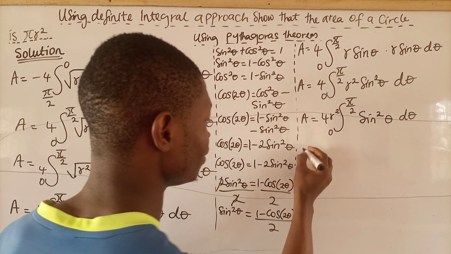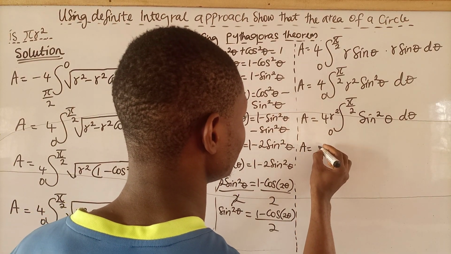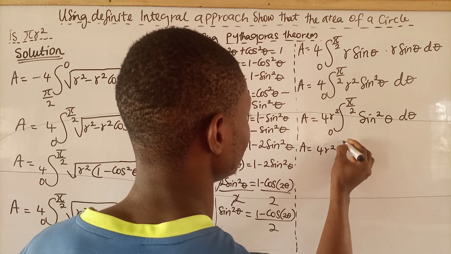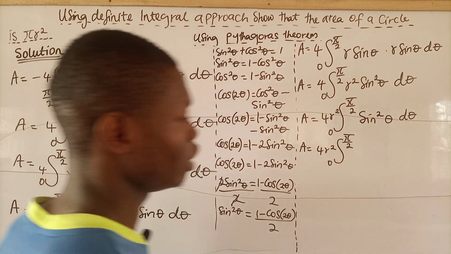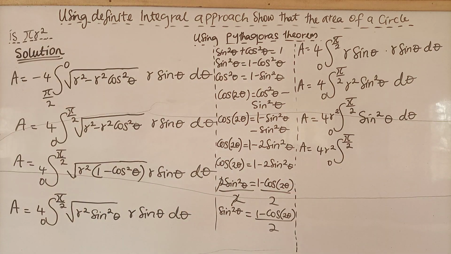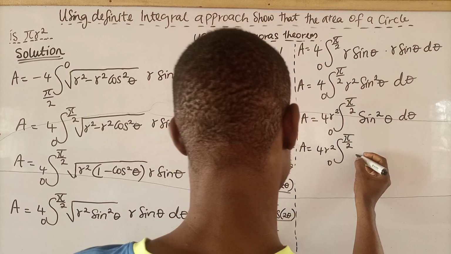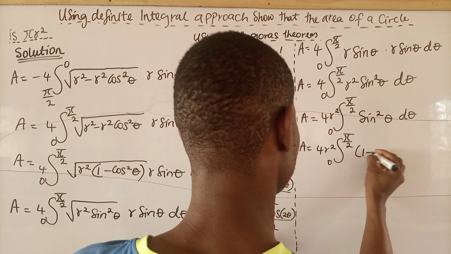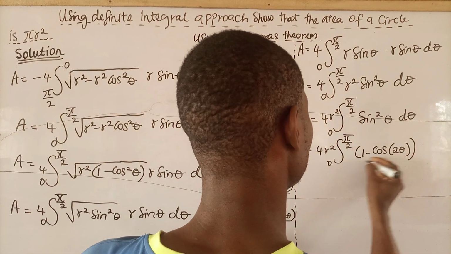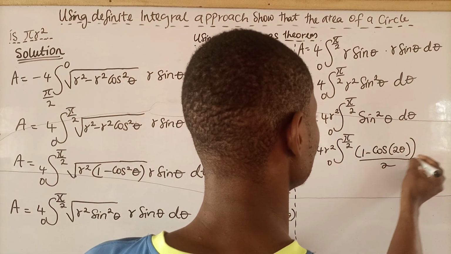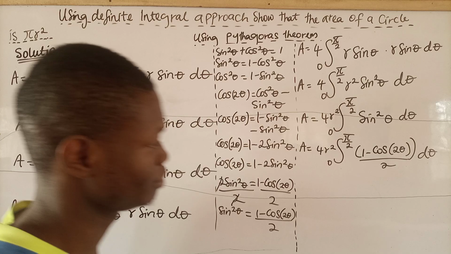So area is equal to 4r squared integral from 0 to pi over 2. Sin squared theta is what, according to the double angle identity? Sin squared theta is 1 minus cos 2 theta all over 2 d theta.